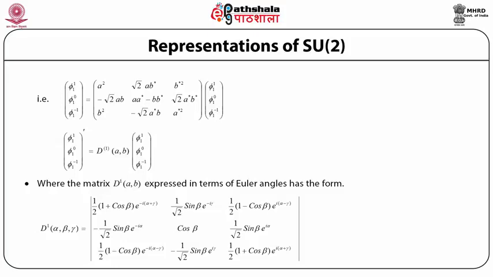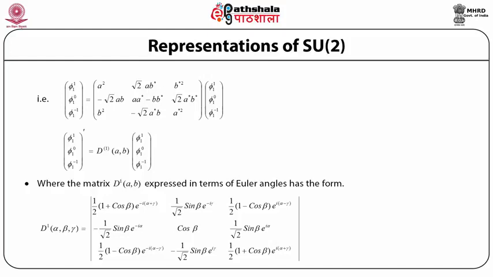Just to emphasize, remember that we have a representation of 2 by 2 unitary matrices in two forms, one in the form of the complex numbers a and b, with the condition that the sum of a square plus b square is equal to 1, and then in the form of the parameters theta, alpha, and beta. So one can relate these parameters a star, b star with the parameters theta, alpha, and beta.